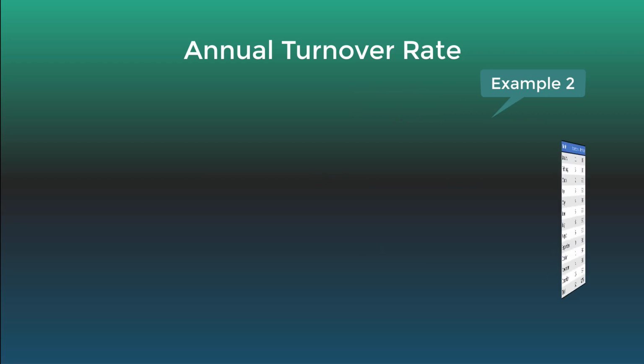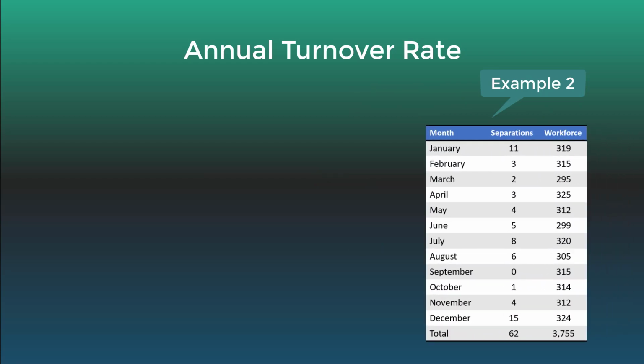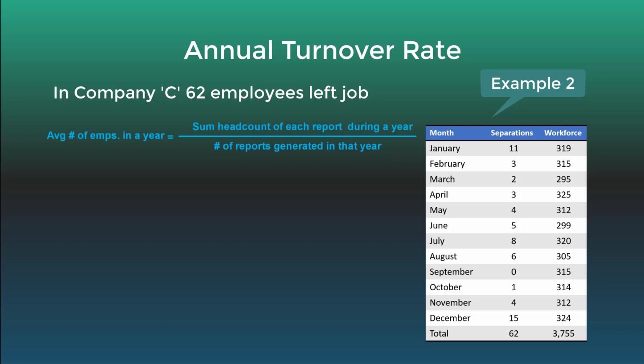In this example, we have 12 months of data for company C with their headcount and number of separations for each month. Since the company has 12 months of headcount data based on reports run every month, we aggregate the headcount for 12 months and divide it by the number of reports, that is 12, to get the average number of employees.